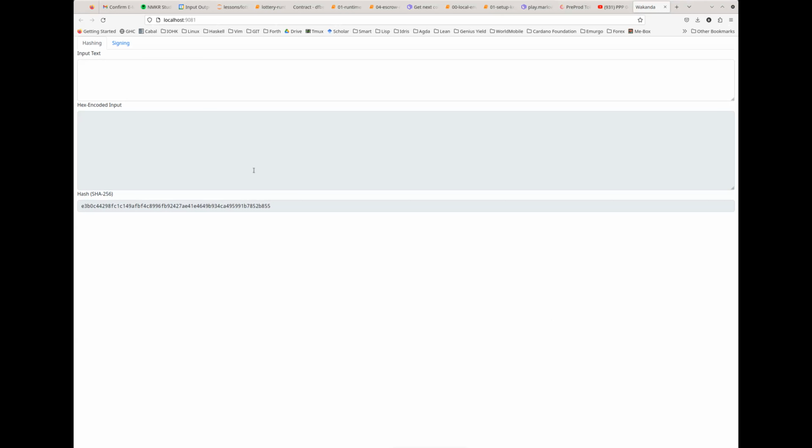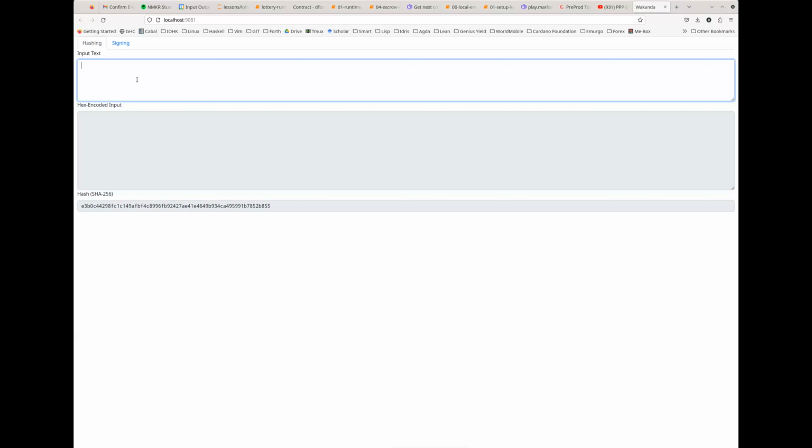I have this little demo here, so I can enter some text, which gets converted into a byte string. Then I use the SHA-256 algorithm to compute a hash. At the moment, the hash we see here is of the empty byte string, some very random looking string of hexadecimal digits.